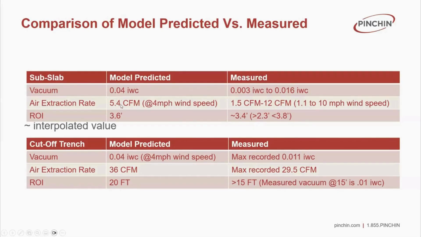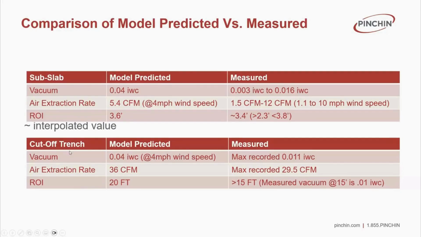For the air extraction rate, the model had predicted 5.4 CFM, and the measurement was anywhere between 1.5 and 12 CFM depending on wind speed. The model prediction was for a 4 miles per hour wind speed, which is pretty good, in the middle of the values. For ROI, the model predicted 3.6, and the actual measurement was somewhere near 3.4.